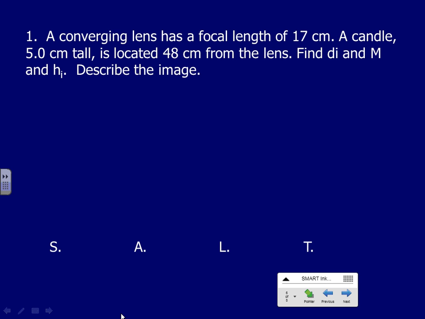But I've got here 1 over f equals 1 over di plus 1 over do. What am I putting in here? 1 over, what's the f? 17, it's converging, so it's positive. I always write 1 over di plus 1 over do, but I usually put the object first. 1 over, what's my object distance?